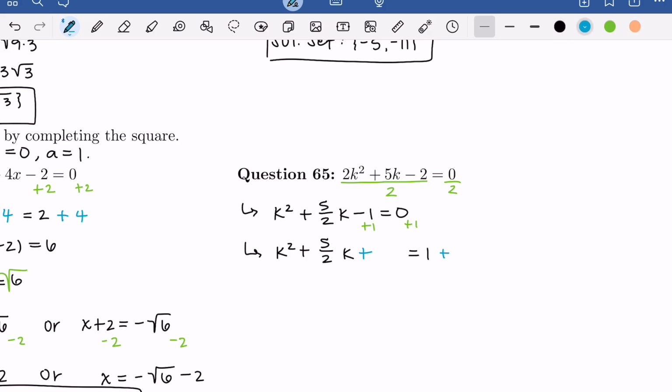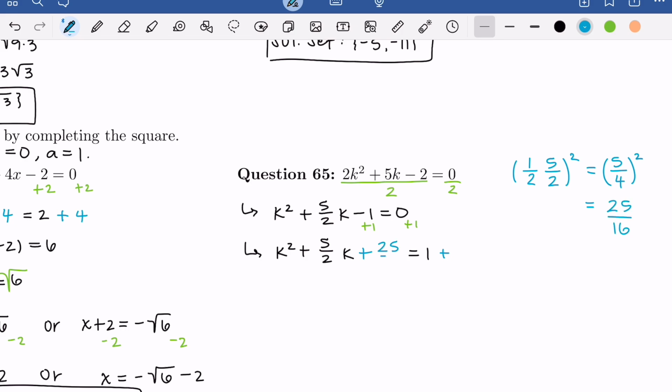All right, now the quantity that we're going to add to both sides, remember, is going to be half of b, squared. So half of b, which is 1/2 times 5 over 2, squared. So this would give us 5 over 4 squared, which is the same thing as 25 over 16.